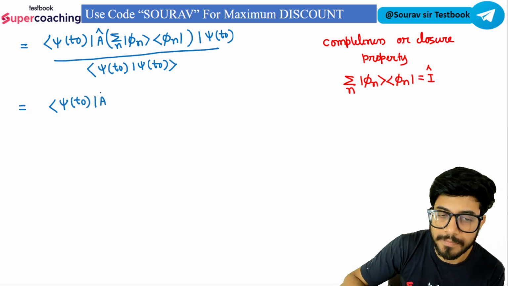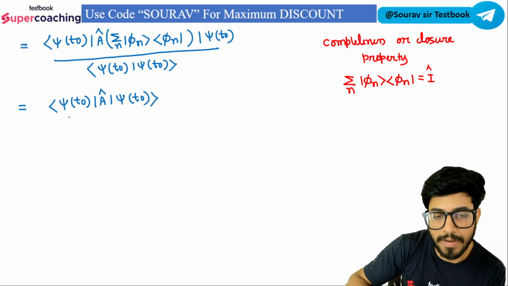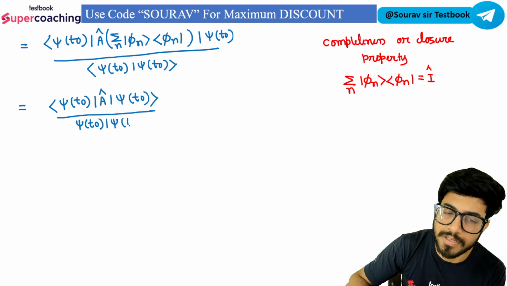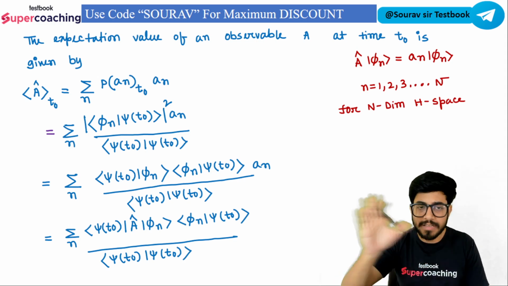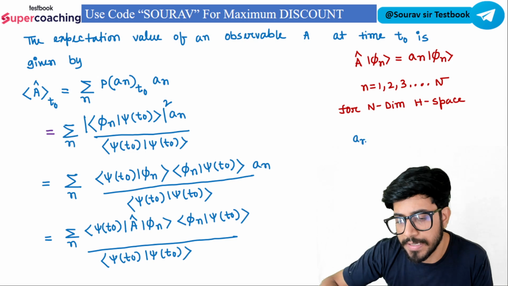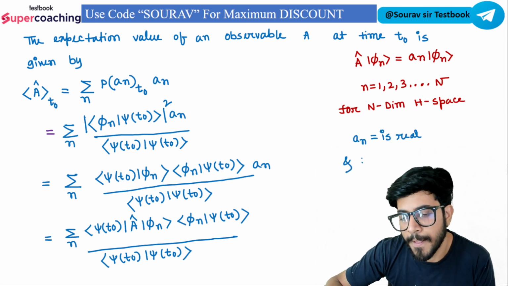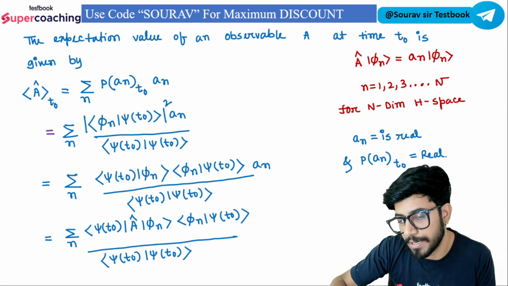Now the expectation value of a dynamical variable is always a real quantity, because probability is a real quantity, the eigenvalue of a Hermitian operator is a real quantity, an is real, and P of an at time t0 is also real because it is a probability.